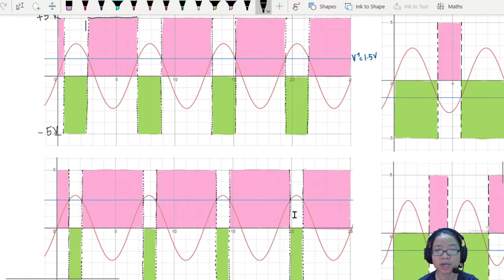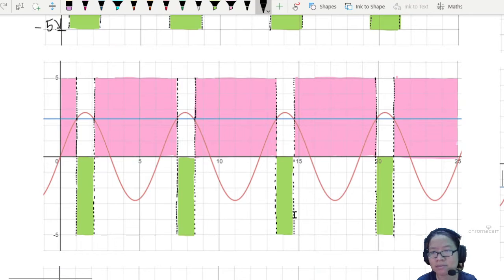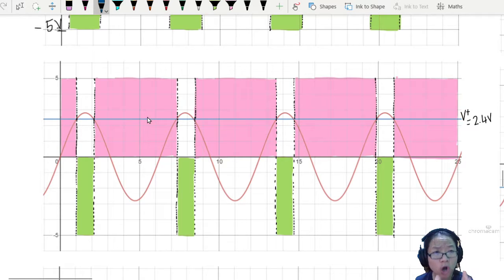If you're wondering what value this V plus is, I hopped on Desmos to draw this. I didn't code it, I manually highlighted it. This V plus is now 2.4 volt. So if now this is 2.4 volt, your V plus increases, you notice that the time for the red LED to turn on is longer.